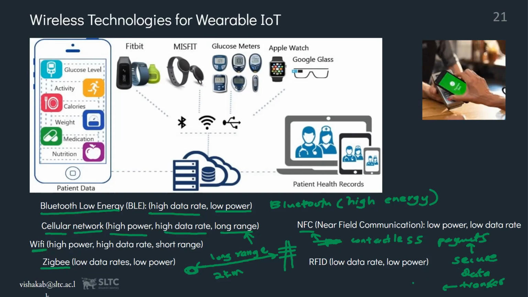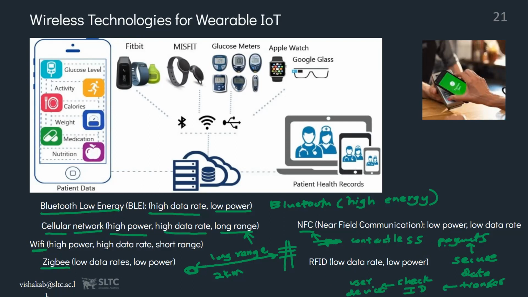Apart from that, it can also verify the identity of the person who is using this technology by checking the ID that is stored in the user device. By checking the ID of the user device, it will make sure that the authenticated user will do the transaction. We will talk about near field communication later as well, regarding its secure features. So NFC is used for secure money transfers or payments, right?